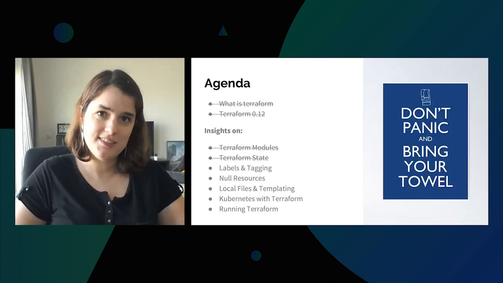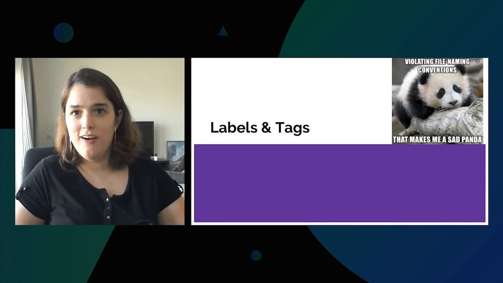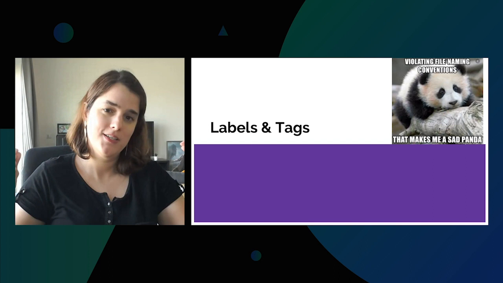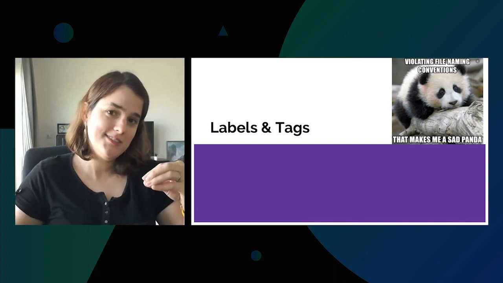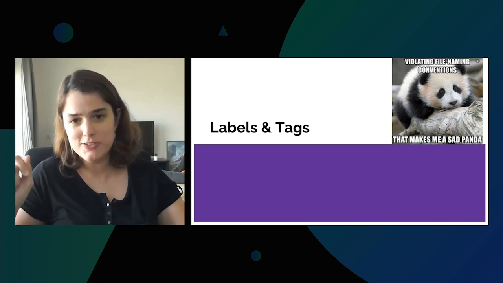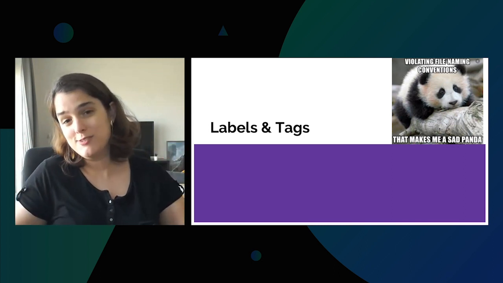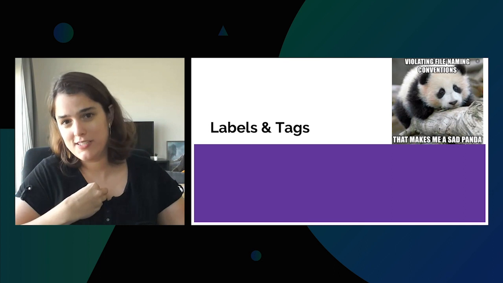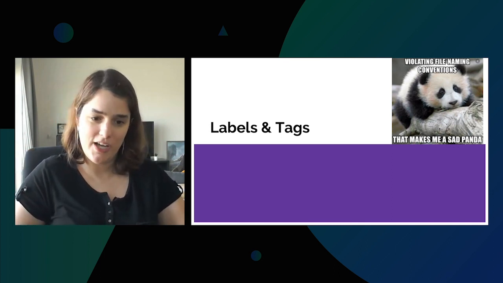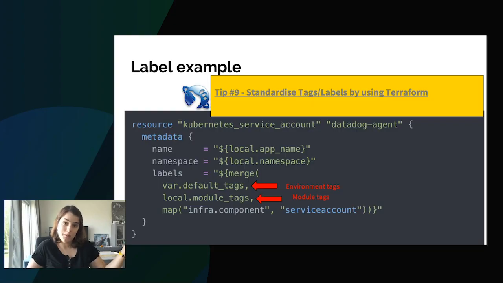The next item is labels and tagging. Labels and tagging are very important for your infrastructure, because labels in Kubernetes are really nice to use, so you can label your resources. And tags, in the case of AWS, which is my context, are really nice if you want to do some cost management. So it's nice to have them. I use Terraform to apply my tags, right?